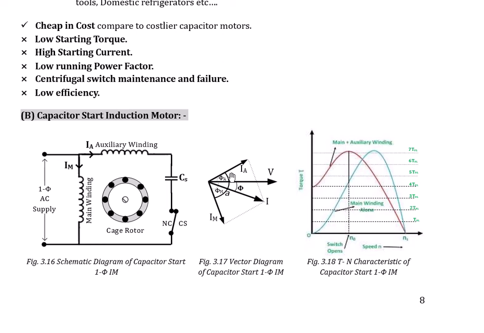Then we have the IM current, which is a lagging current because it is an inductive current, so it will lag the voltage by some angle phi M. Then we have the auxiliary current, but in the auxiliary winding we have an LC combination, so we have a lead angle from the voltage, and this angle is phi A. So this is the vector diagram, and if we calculate the resultant, we get the resultant somewhere here, IA.